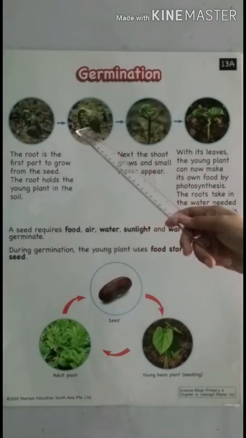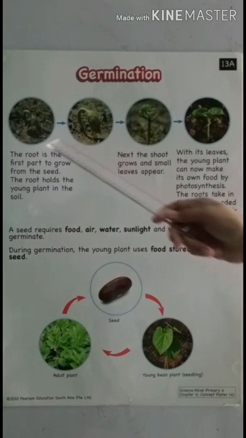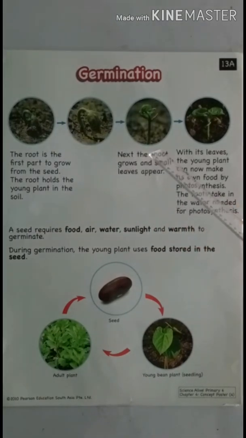You can see the seeds grow. Next, the shoot grows and small leaves appear. With its leaves, the young plant can make its own food by photosynthesis.